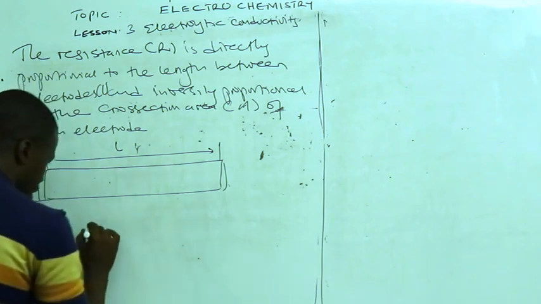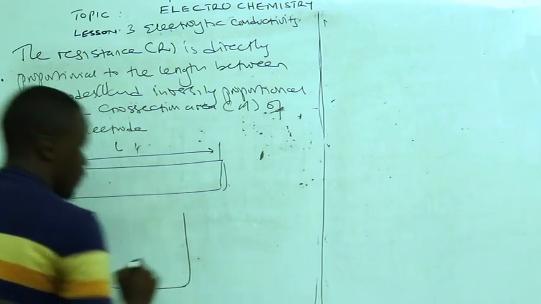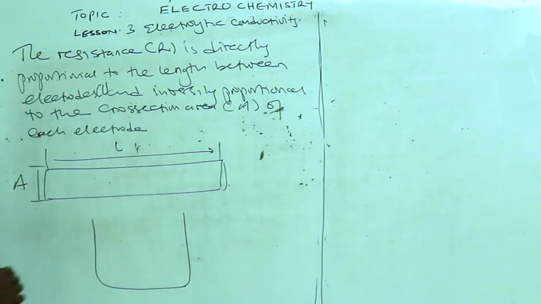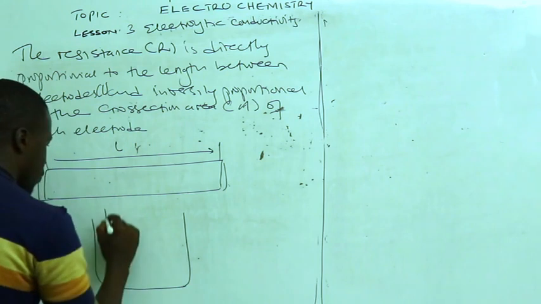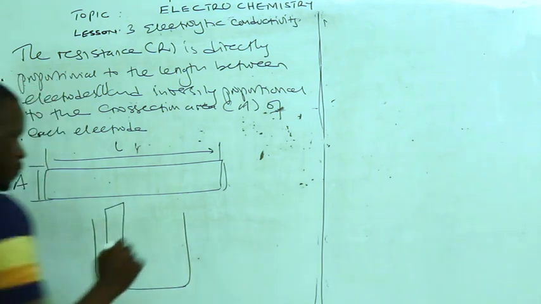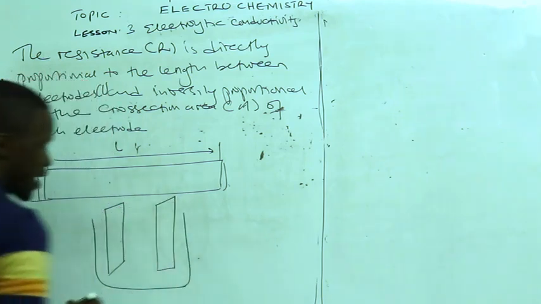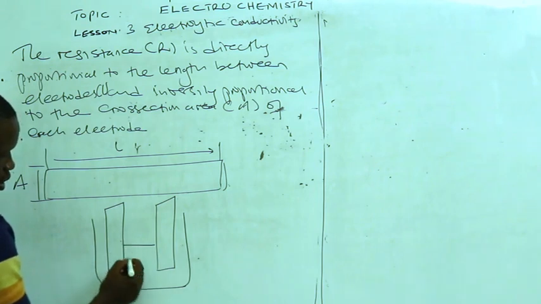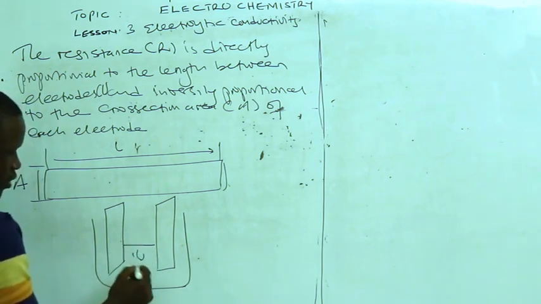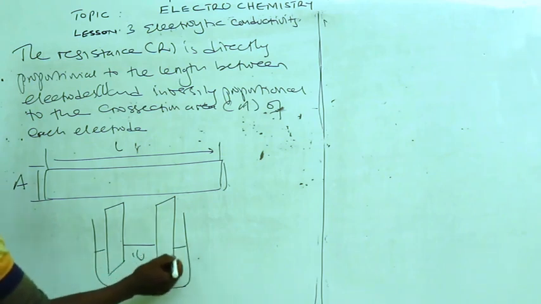Similarly, for electrolytes conducting electricity, if placed in a beaker and 2 electrodes are immersed in this beaker, separated by a distance L, this electrolyte is within this beaker here.